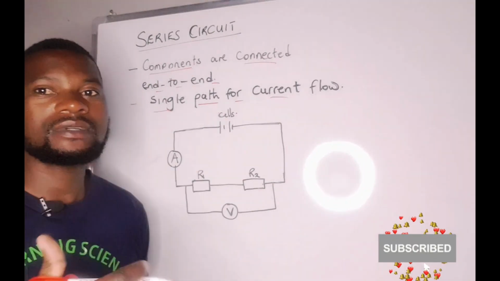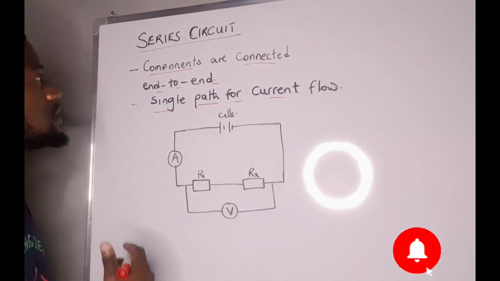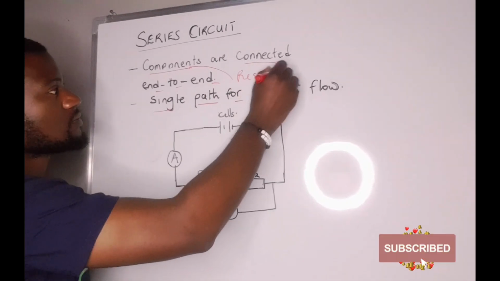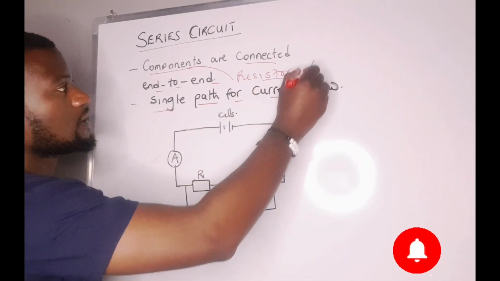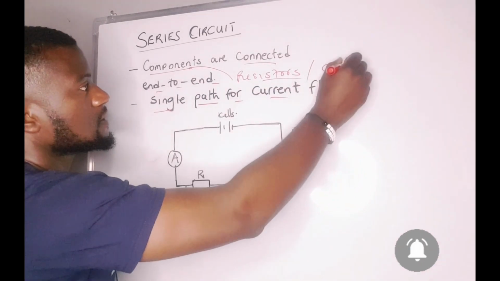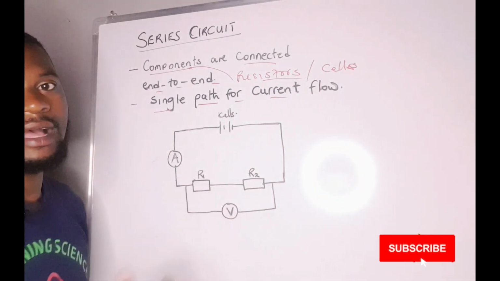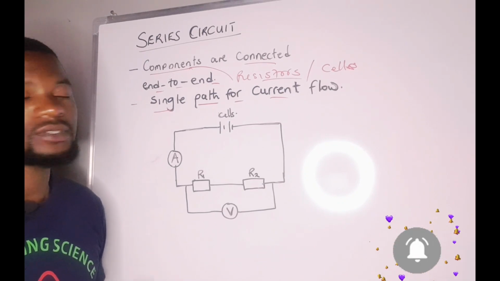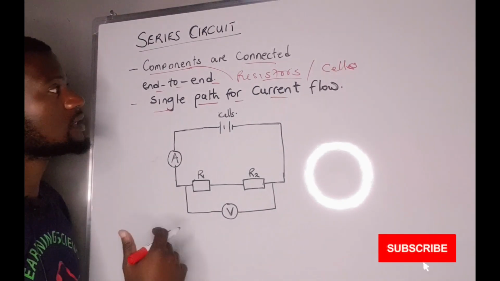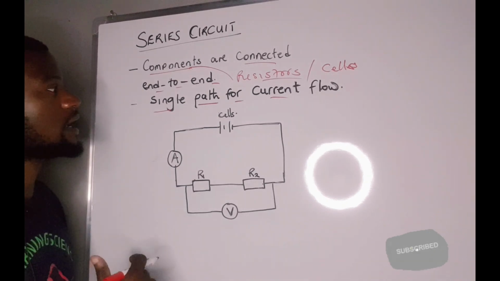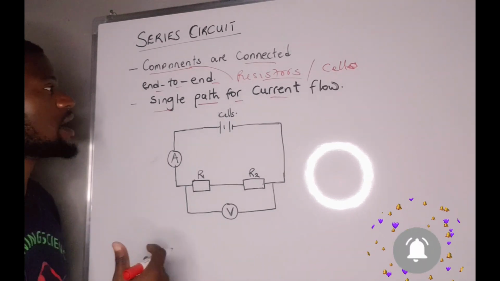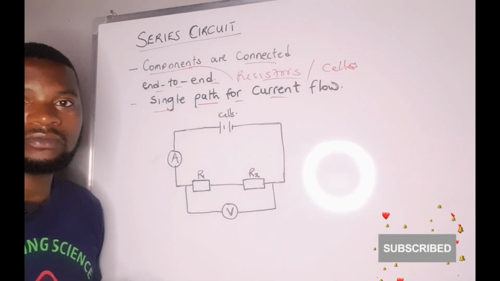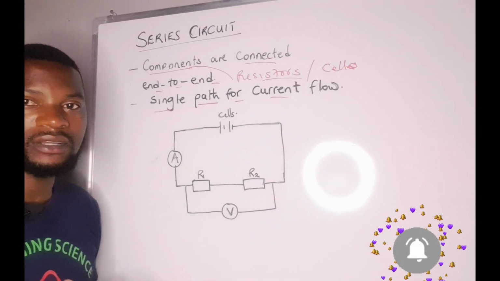When we talk of these components, we are simply talking about the resistors, cells and other components that might be connected in a series circuit. The components are connected end to end to provide a single path for the current to flow.